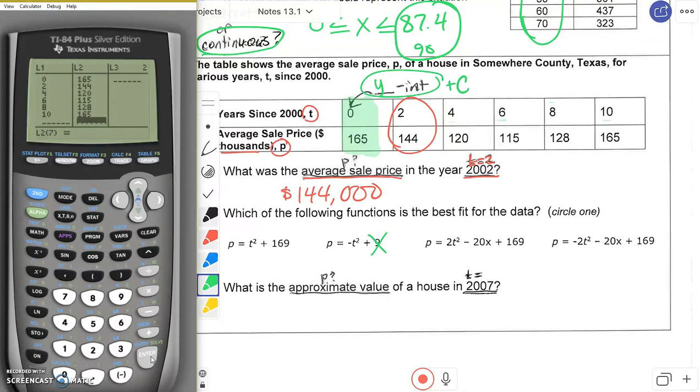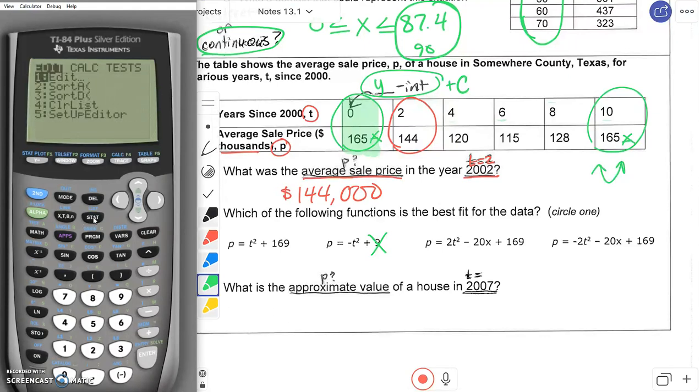I'm even noticing here I've got symmetric points because both of those are 165. Interesting. That means it went down and then back up, which tells me this is going to be something that goes down and then back up, which means it's going to have a minimum. Let's see if we're right.